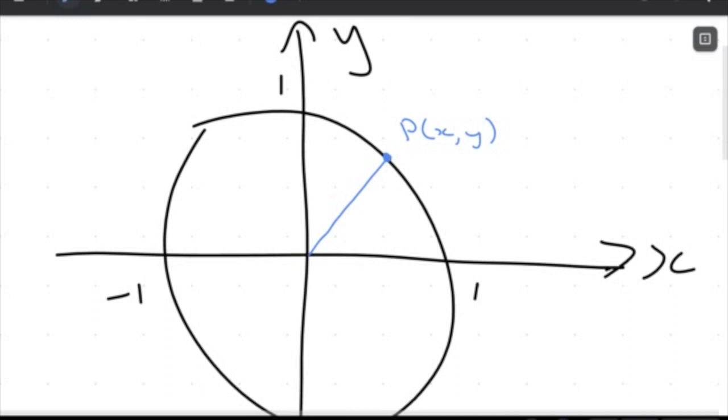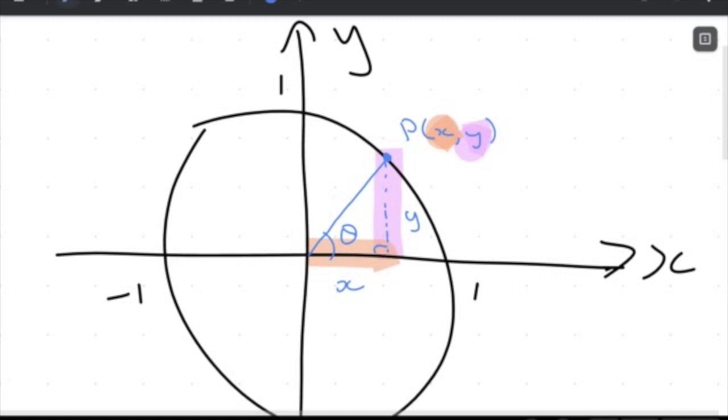If I extend this down, I can see I have a vertical height here of y, and a length here of x, since this is a horizontal direction. So we have x and y, and this is a right angle triangle because any horizontal and vertical axes are going to meet at 90 degrees, and we have extended this by some angle theta.